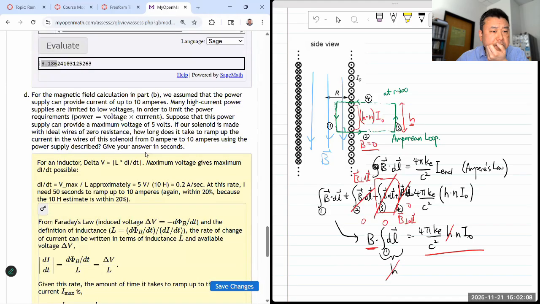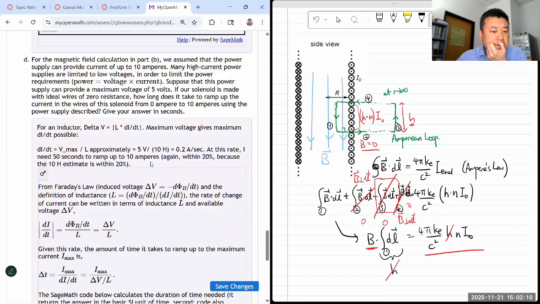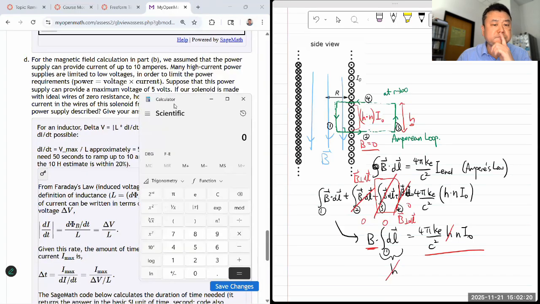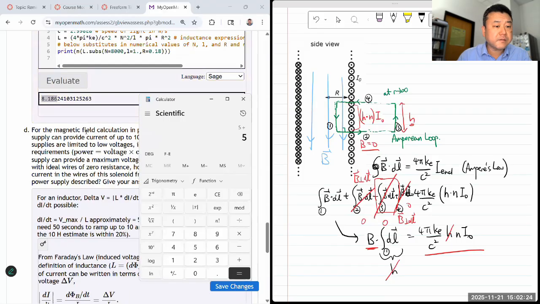What am I missing? I don't think a regular calculator would give me anything different. So 5 volts divided by 8.186.